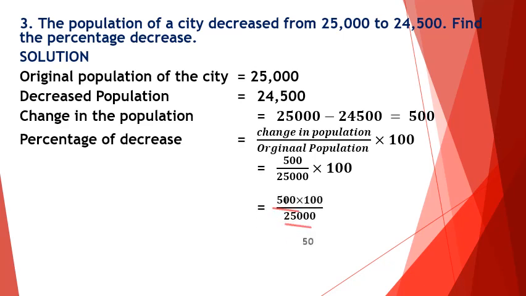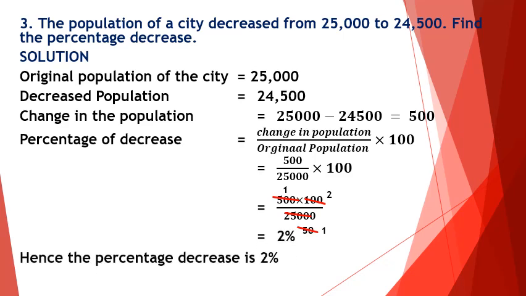That is 500 into 100 upon 25,000. We can cancel 500. So the numerator becomes 1 and denominator becomes 50. Again 50 and 100 can be cancelled. We get the answer as 2%. Hence the percentage decrease is 2%.